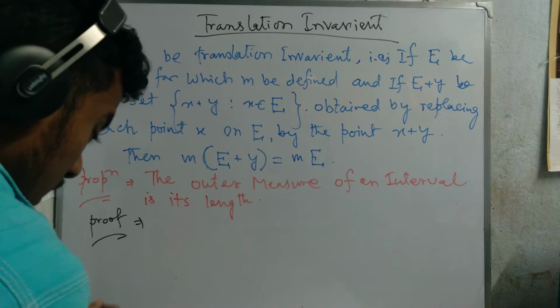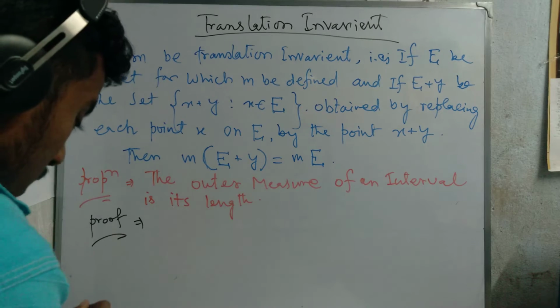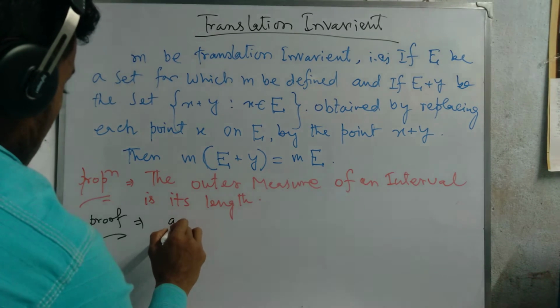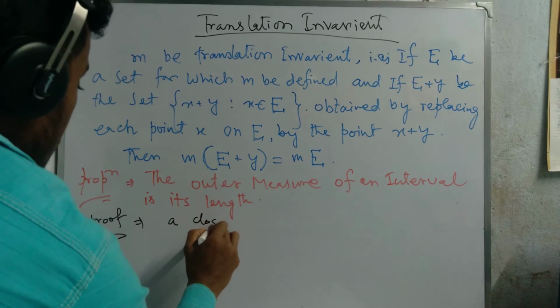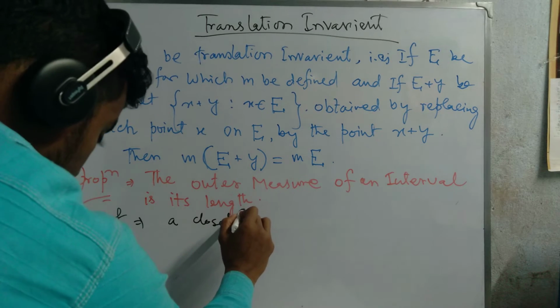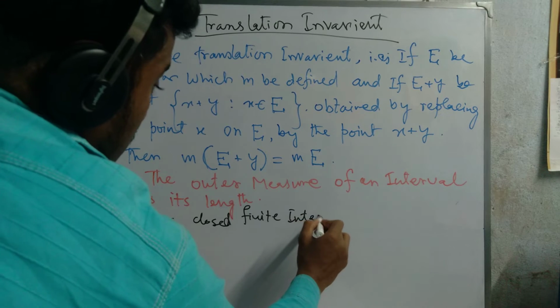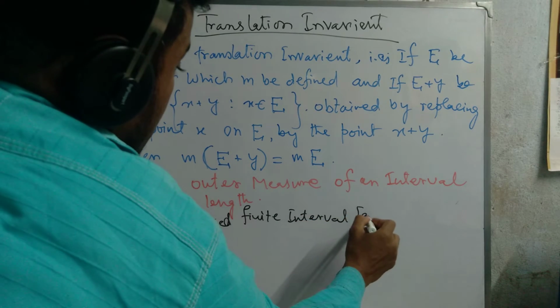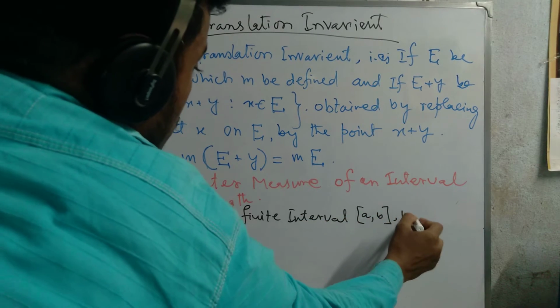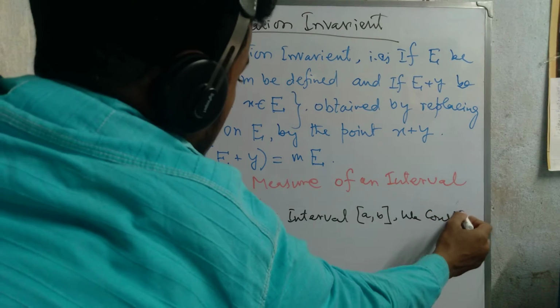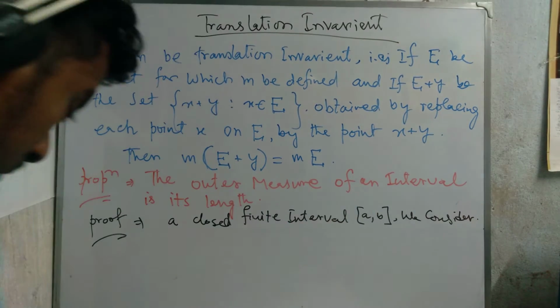We begin with the case of a closed finite interval. That means we first consider a closed finite interval [a, b].